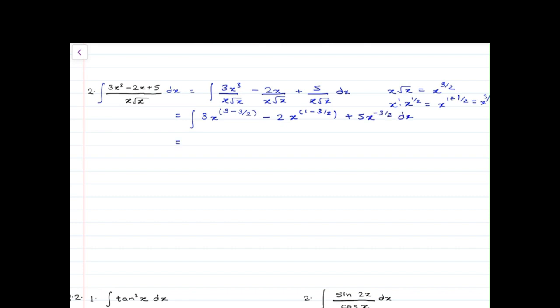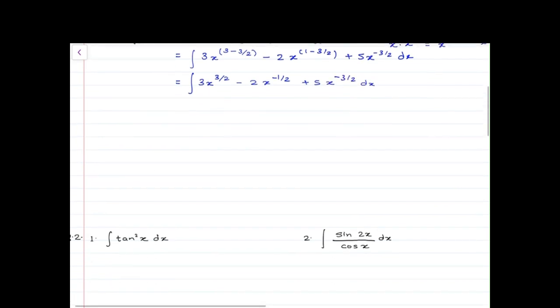Again you need to simplify. So 3 minus 3 by 2 is 6 minus 3 by 2, which gives 3 by 2. Minus 2, x raised to 1 minus 3 by 2 will give x raised to 2 minus 3 by 2, so that will be x raised to minus 1 by 2, plus 5 times x raised to minus 3 by 2, dx.